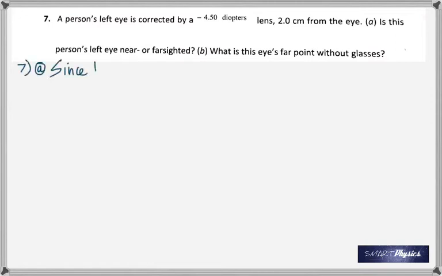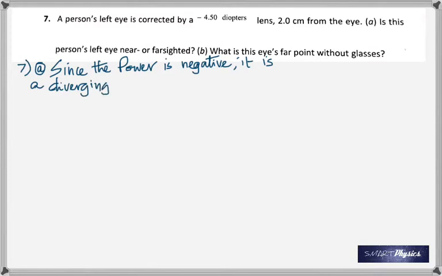So he is nearsighted because the power is negative. That means it's a diverging lens or a concave lens. He can see objects that are close, but he cannot see beyond a certain distance.